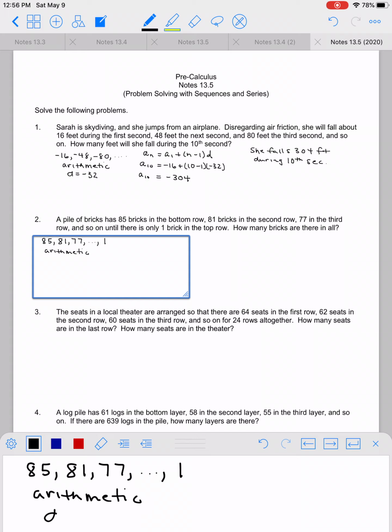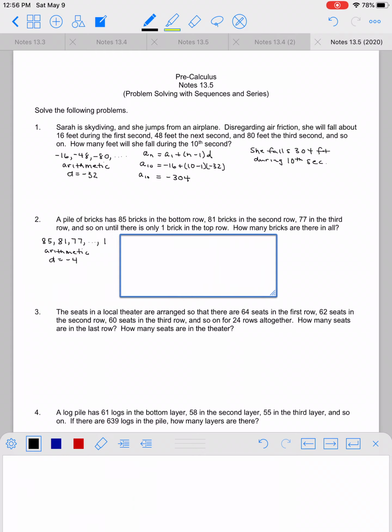This time our common difference is negative 4. That's what we're adding term to term. Each row has 4 fewer bricks than the one ahead of it. This time they want to know how many bricks there are, so that's the sum. But first I need to know how many rows there are.